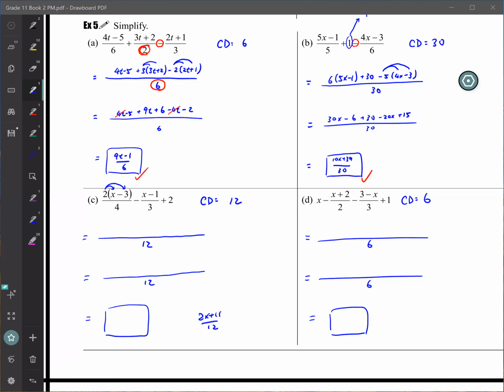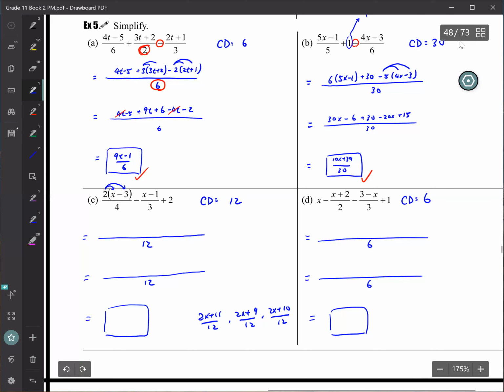Oh, 2x plus 9 over 12. Interesting, because I just got an answer from Colin, I believe. He said 2x plus 10 over 12. So everyone agrees on 2x and 12, but not the plus 9, 10, 11, huh?